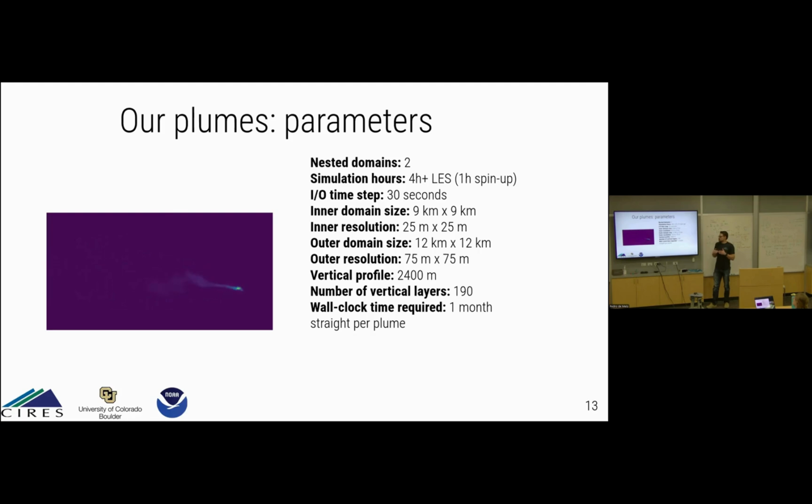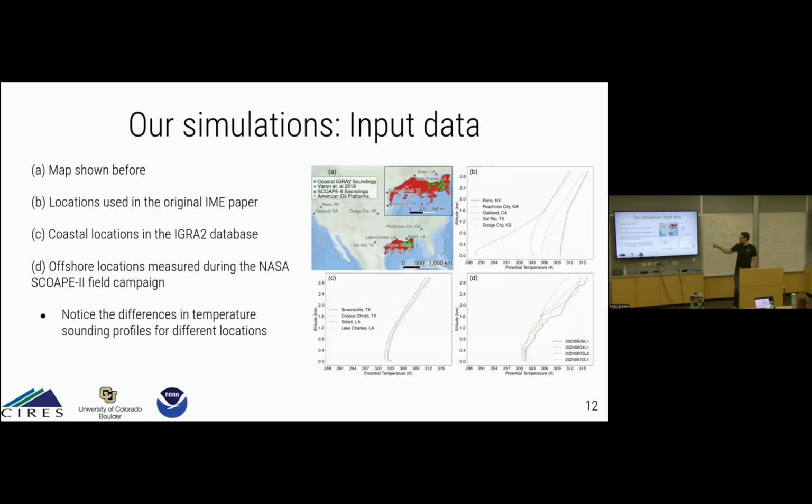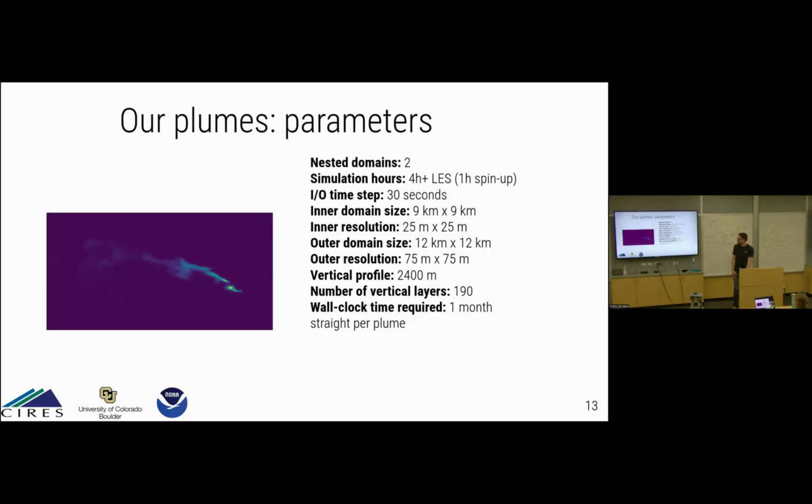And those are really computationally intensive. So to simulate one individual plume from one of those locations, we need roughly a month on a supercomputer. And that is a lot of computing power.